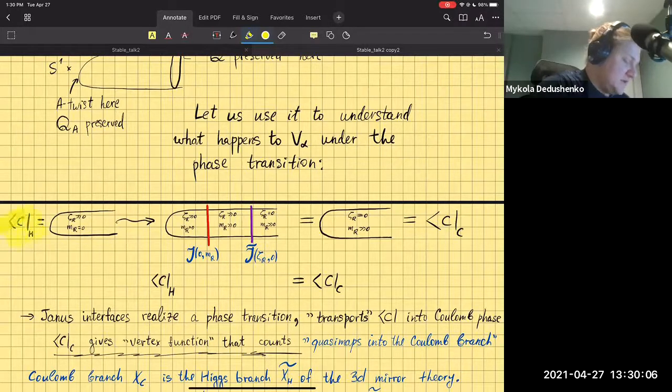Let's call it C_H, C for cigar and H for Higgs phase. But now let's act on it with our interface, which has these two factors, the mass and phi Januses. The first one changes the mass parameter only, from 0 to some large value. And the second one changes the phi parameter from some large value to 0.